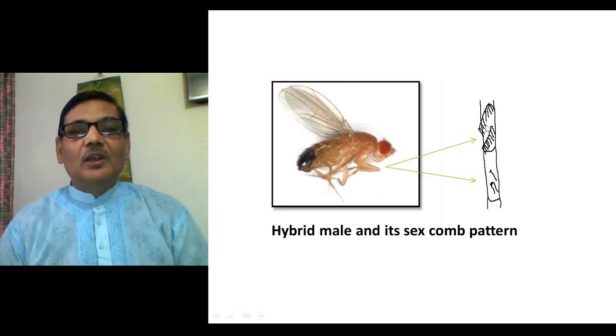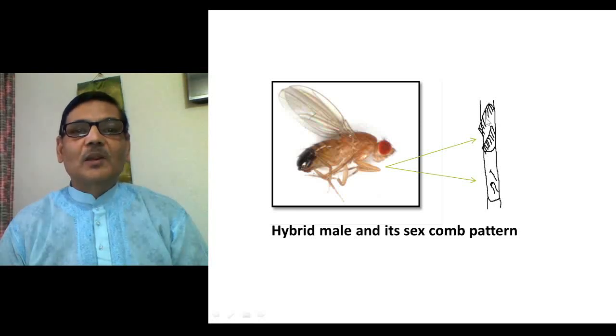because I told you that in the case of bipectinata, a group of two sex combs will be there in the first segment followed by a single one in the second. But here in the hybrid, in the first subsegment of the tarsus, the sex comb is similar to bipectinata.